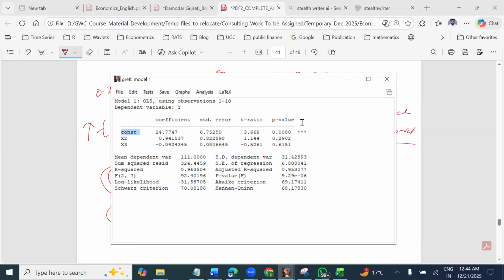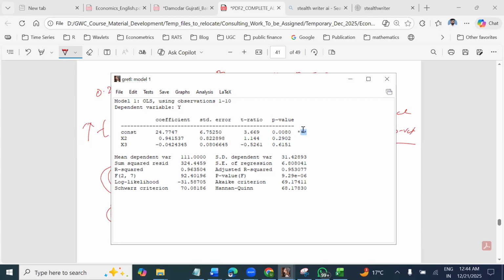Is it statistically significant? Yes. Why? Because the p-value is less than 0.05, 0.000. Very good.